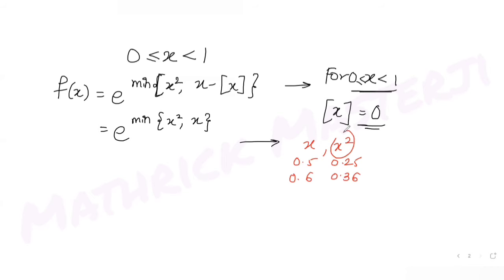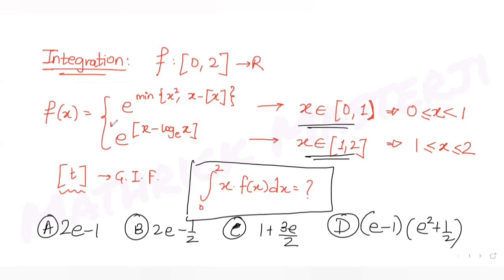So the values of x square become less than the values of x for this interval. So I understand that x square will have the minimum value and not the value of x. So the minimum out of these two is x square for the entire interval. So I have the function as e raised to x squared for this interval of x. Let's talk about the next idea.